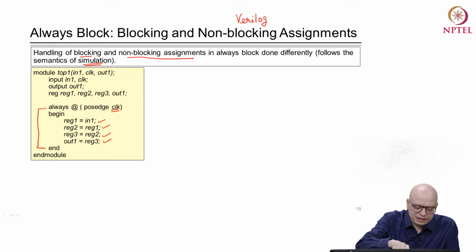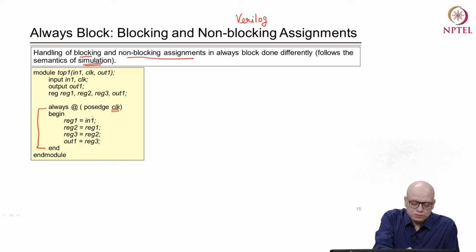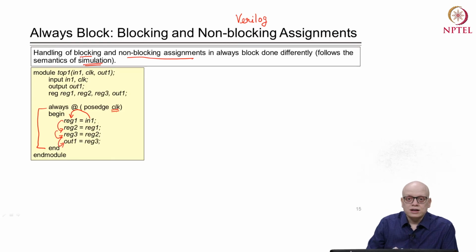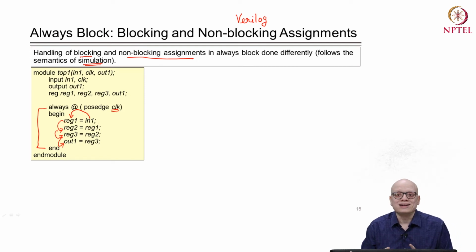So, in this case, whenever the positive clock edge appears, whatever is at in1 will be assigned to reg1, then whatever is at reg1 gets assigned to reg2, then whatever is at reg2 gets assigned to reg3, and whatever is at reg3 gets assigned to out1, right. All these assignments happen at a single clock edge, right.